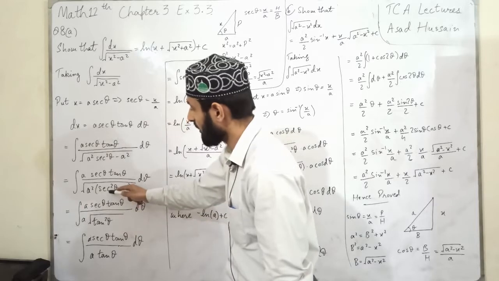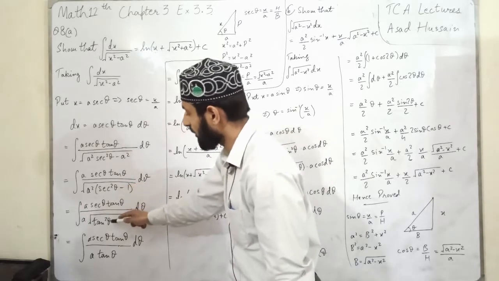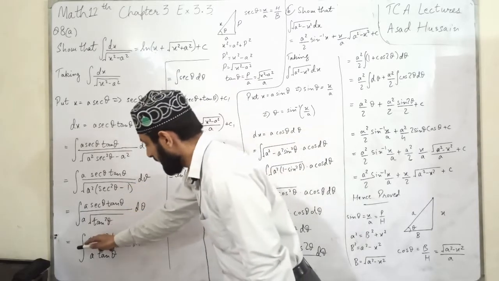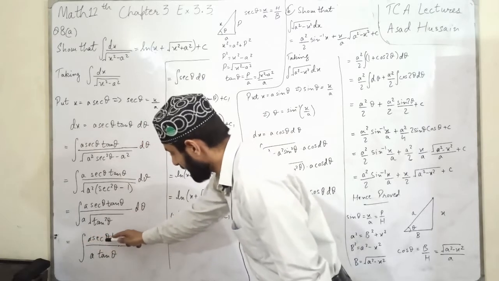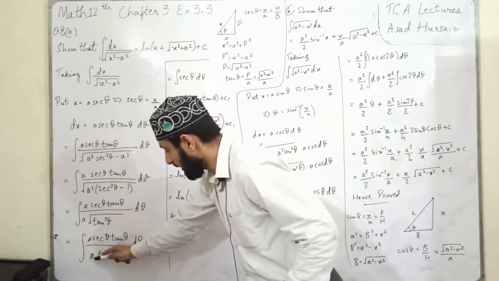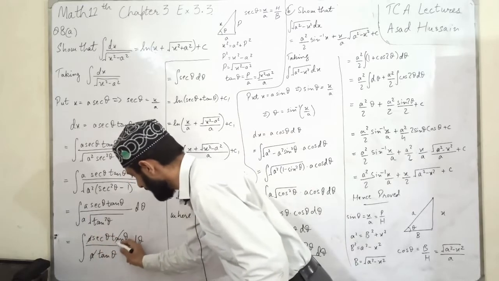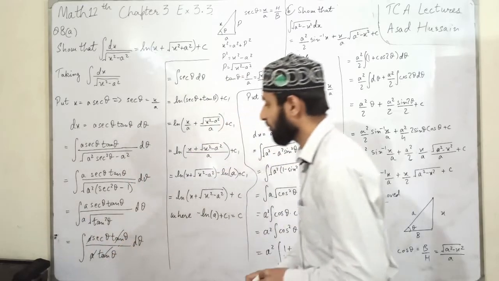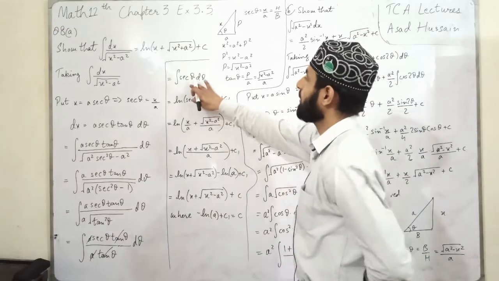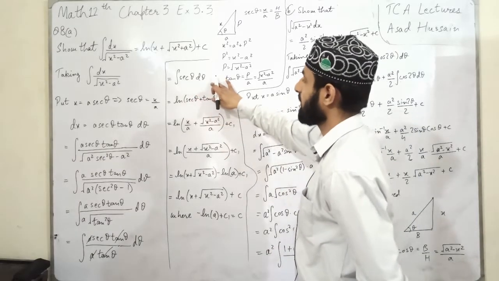As we know that secant² theta − 1 is equal to tan² theta, this is a secant theta tan theta over a tan theta. A is cancelled by a and tan theta is cancelled by tan theta. So we are left with integral secant theta d theta.